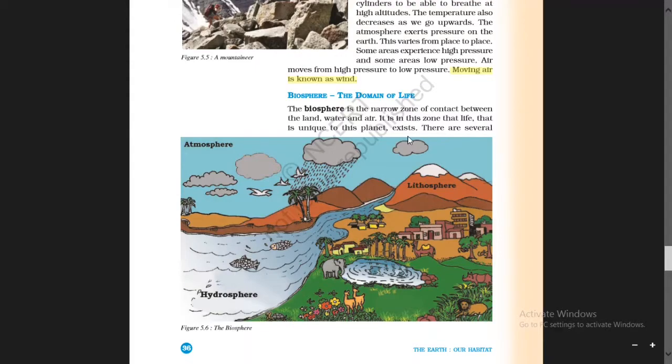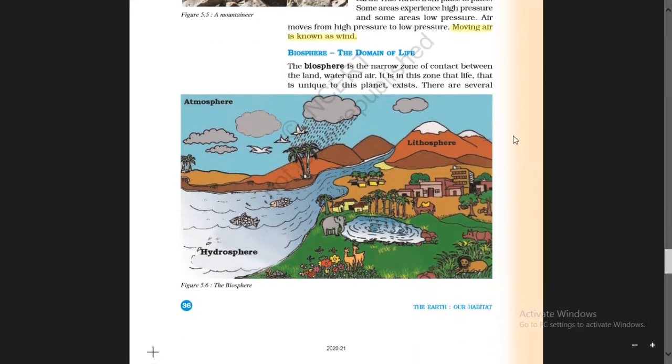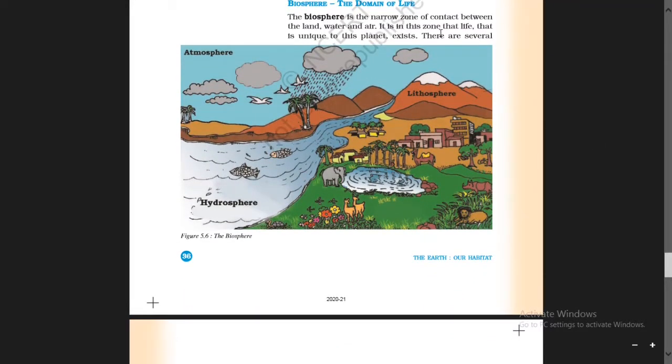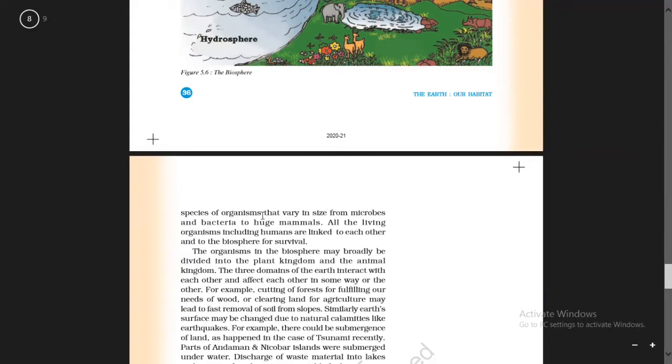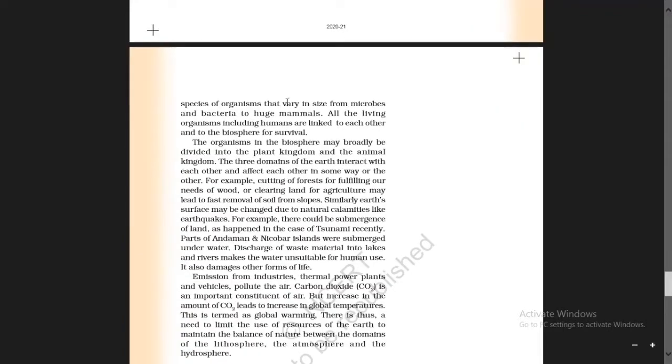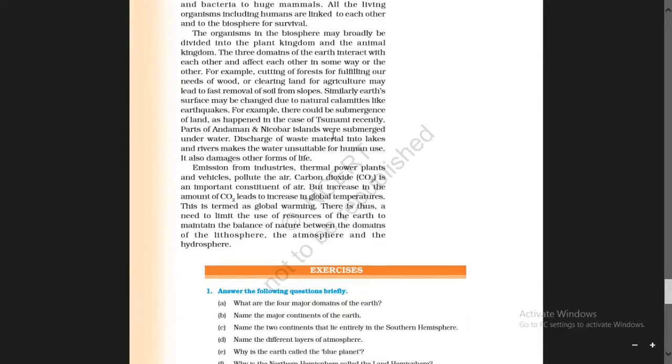The uniqueness we find in the biosphere is that it is the zone where life is possible. There are several species of organisms that vary in size from microbes and bacteria to huge mammals. All the living organisms, including humans, are linked to each other and to the biosphere for survival.